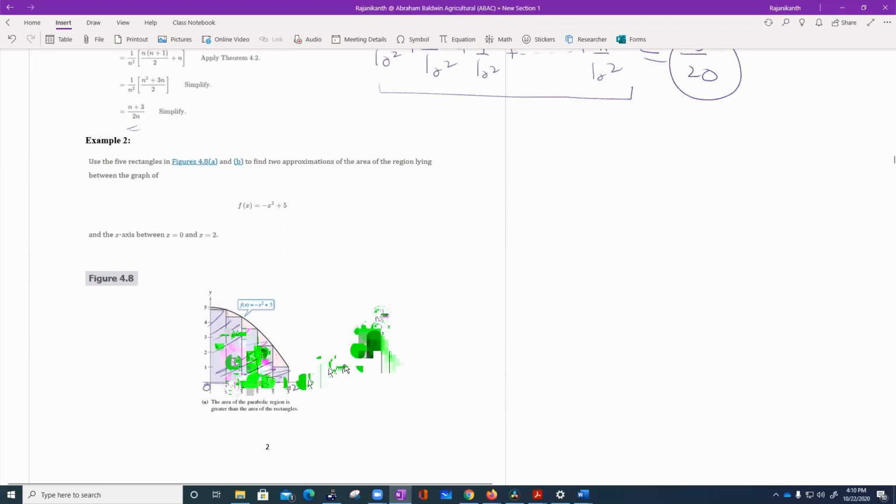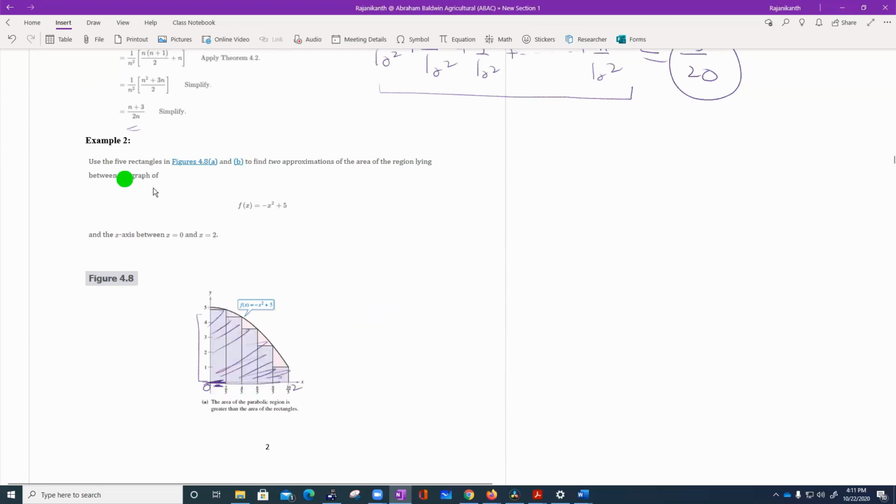The thing is, how are we going to find the area of the rectangle? Remember, to find the area of a rectangle, you should know the length and the height, right? So I need to know two things for each rectangle, okay? The length of the rectangle is nothing but the length of this interval, right?